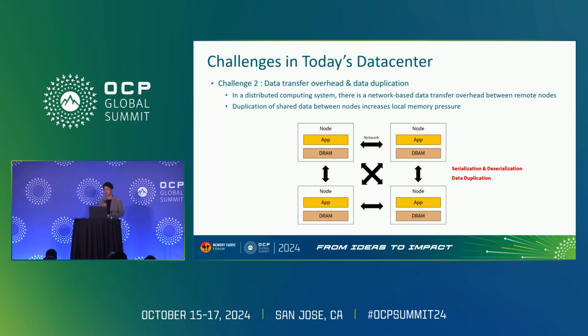But it is very important to note that there can be a data transport overhead between multiple nodes when sharing data, and storing that kind of data or shared objects in the local memory of each node leads to data duplication and also increases memory pressure. So up to this point, we have looked at some issues in the data center. Now let's explore the solution that can address these challenges.